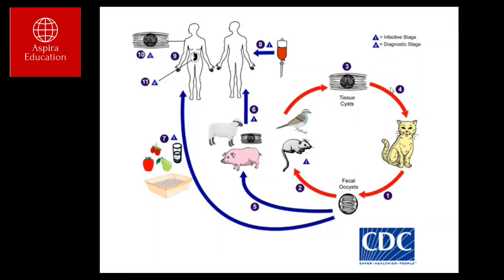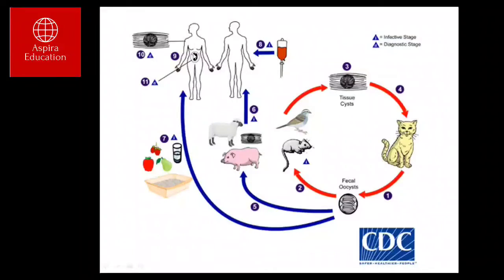This is the life cycle of toxoplasma. It is shed in the feces of the cat, the main reservoir, which can be consumed by multiple other small mammals, and it can develop toxoplasma in them. Unfortunately, sometimes it can be consumed by a larger mammal, and through the food chain can enter the human body.